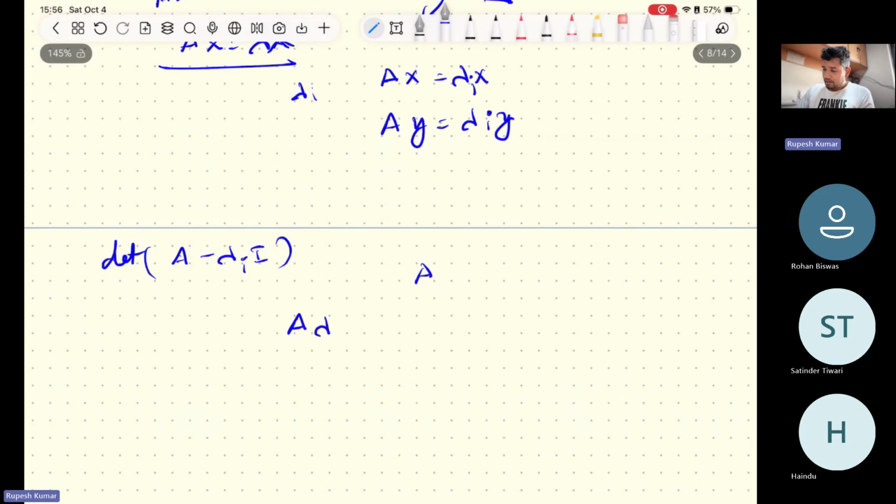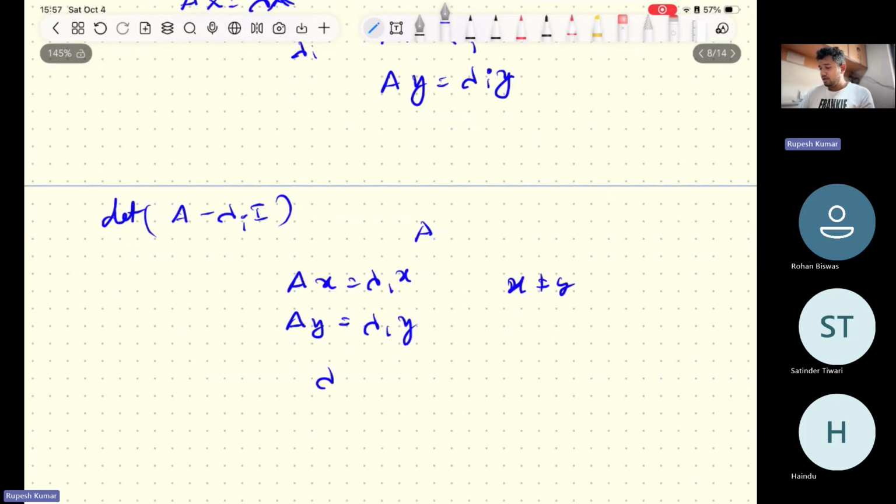Ax equals lambda 1 x and Ay equals lambda 1 y, where x is not in the direction of y, then you will see that such a lambda cannot exist, right? Do we agree with this? x has to be equal to y for this case, right? Do we agree with this?